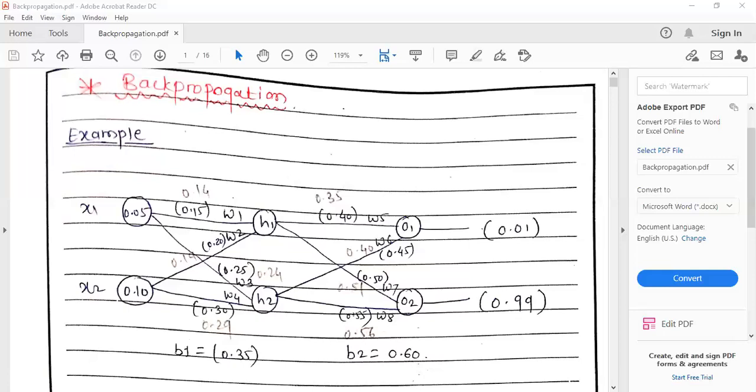So this is the basic intention behind the backpropagation algorithm. It is somewhat difficult, a complicated algorithm, to calculate the values for every node and to adjust the weights going from the input layer to the hidden layer or the hidden layer to the output layer.